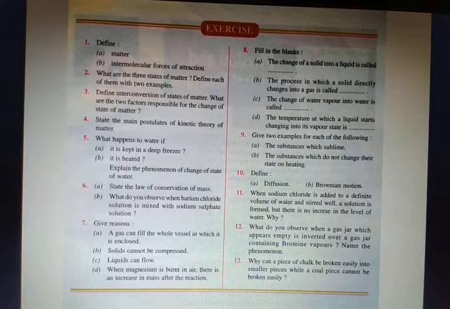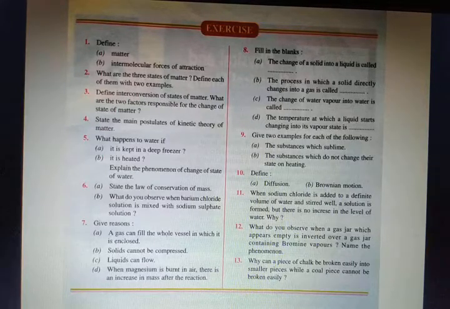The reddish brown gas starts moving from the lower jar to the upper empty vessel, and after a certain point of time we see a uniform mixture of the reddish brown gas in both the jars. Name the phenomenon: this phenomenon is called diffusion.